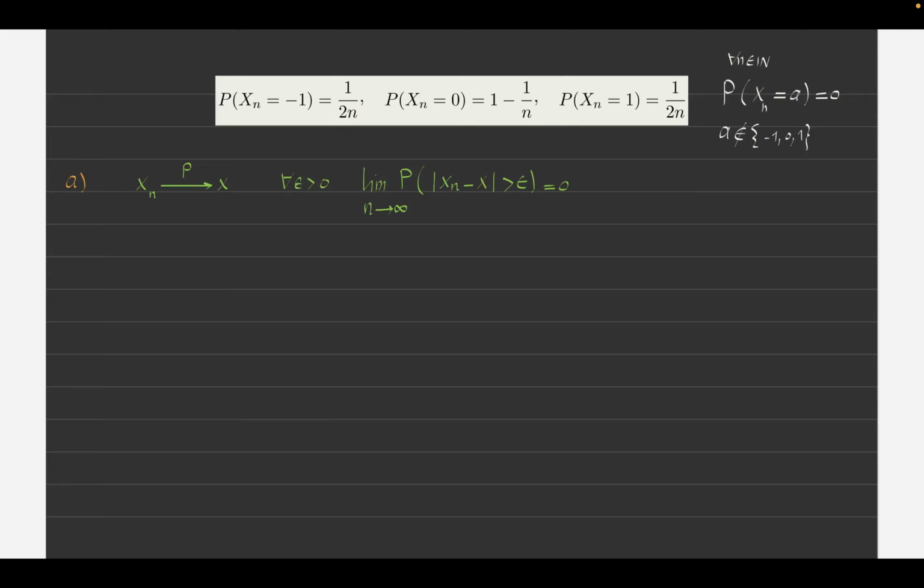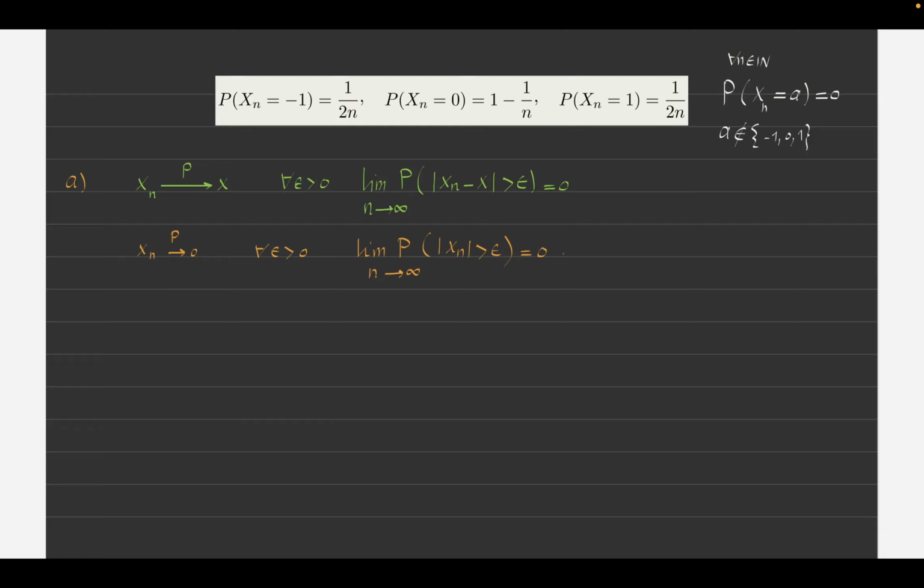But in our case, of course, we want to show that the given sequence is going to converge to 0 in probability. So it means that if you give me any epsilon which is positive, I have to convince you that the limit of P of the absolute value of x sub n minus the limit random variable, which in this case is 0 and I don't need to write it, being greater than epsilon, is indeed equal to 0 as n goes to infinity.